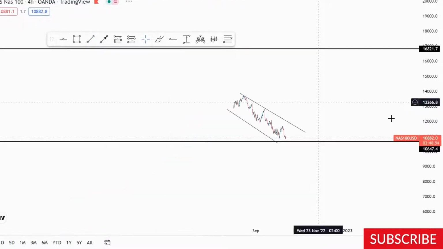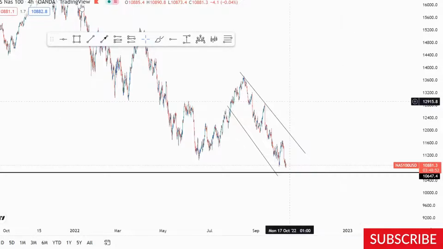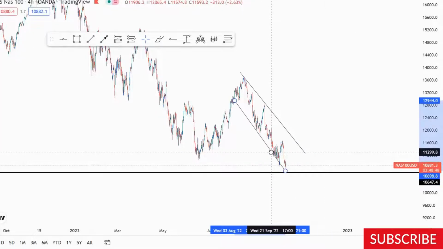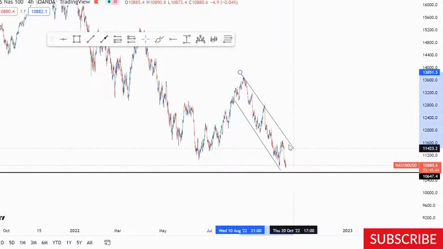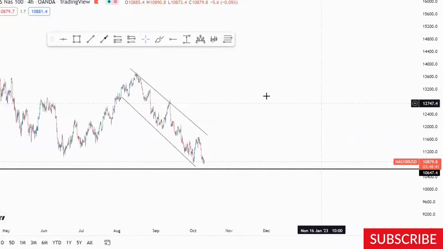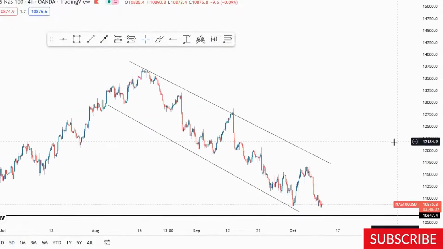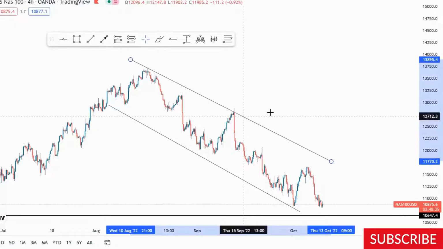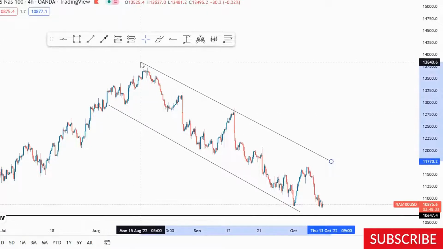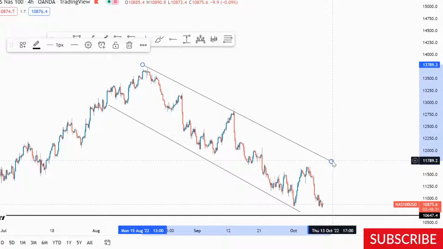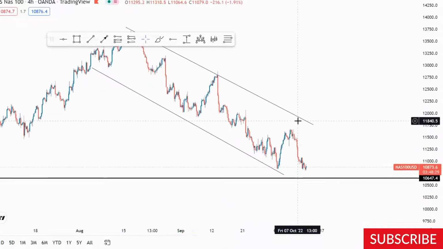Those are the ones that we're just going to focus on. We don't necessarily need to draw a structure from that level up to the top. If we adjust the trend lines now, you would definitely see what's going on with a clearer vision. So let's zoom in so that we can understand a little bit more as to what is currently going on in Nasdaq. So remember, guys, if the dollar becomes strong, your Nasdaq or your stocks will be sold, right?